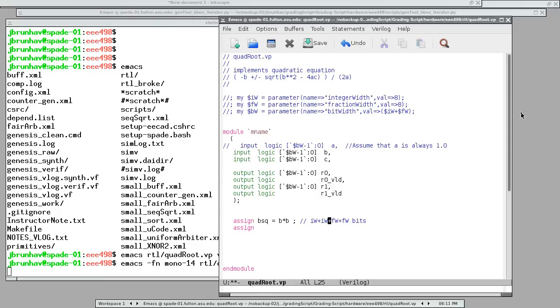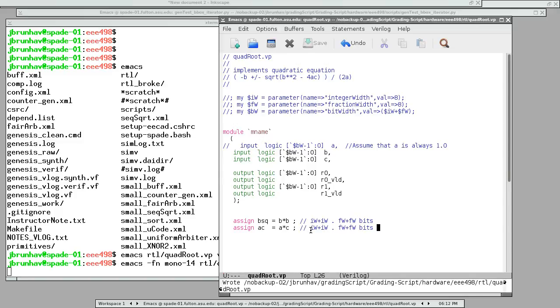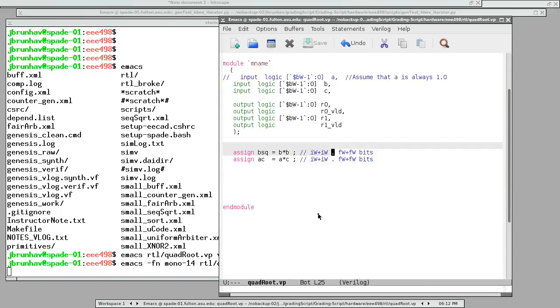So if it was an 8 by 8, it is now going to become a 16 by 16. Good. And we'll have AC, A times C, and again, this is exactly that many bits, which is good. So we don't need to do any sort of rounding, and since we provide an interface like this, it's probably for the best.